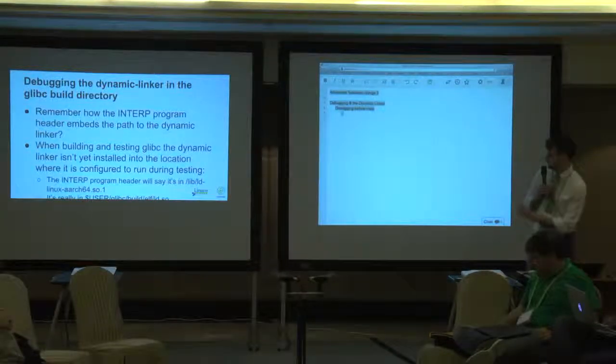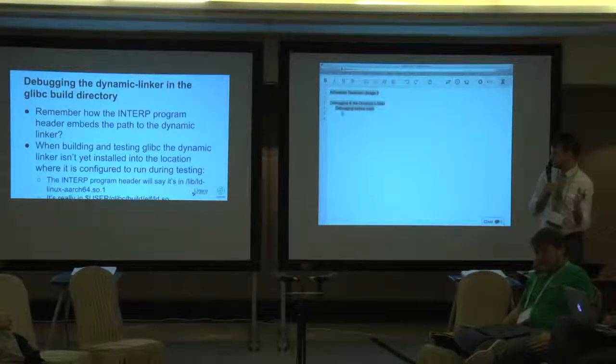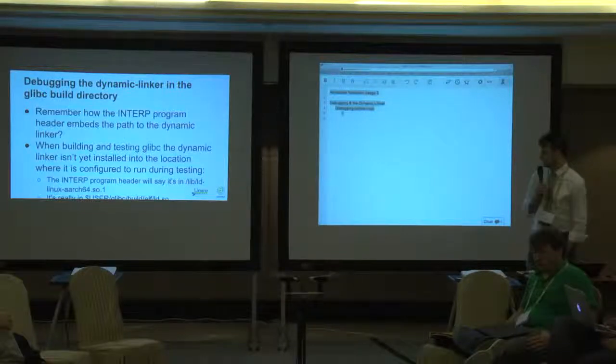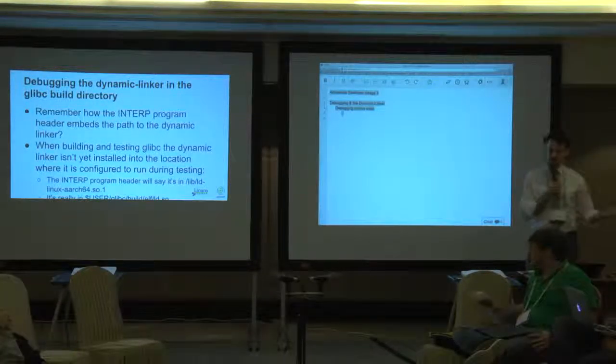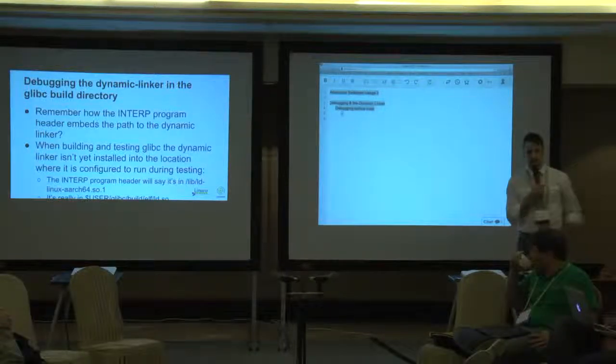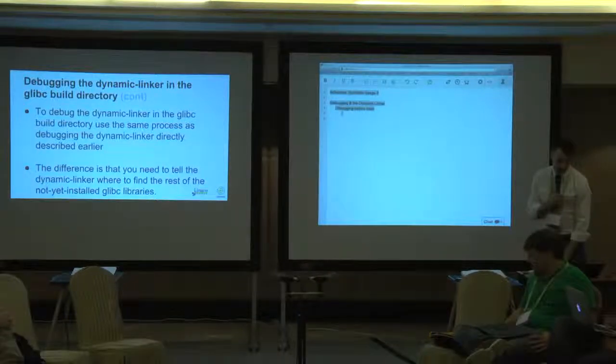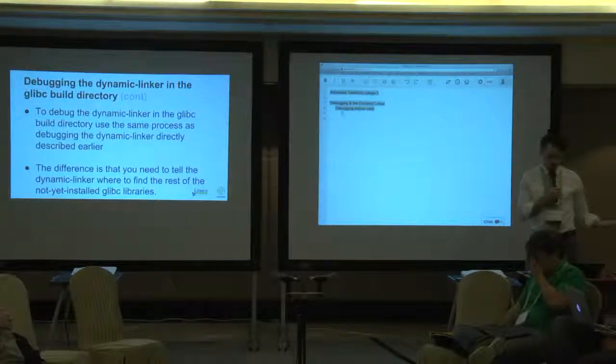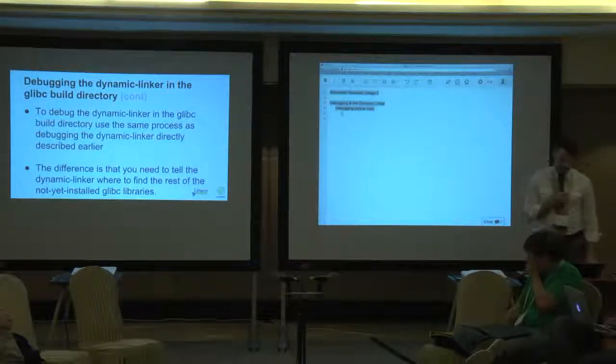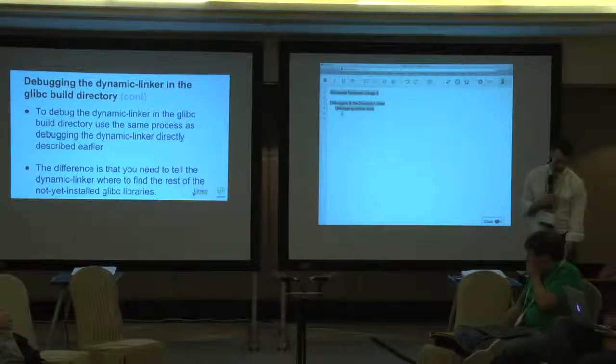The interp program header will say, here's where we're supposed to debug, but when you're building glibc in the build directory, it's really in a different directory entirely. So if you need to debug it, you need to be able to specify how to get to it. You need to use the same process as we described earlier for debugging the dynamic linker directly. The difference here is you need to tell the dynamic linker where to find the rest of the not installed libraries.